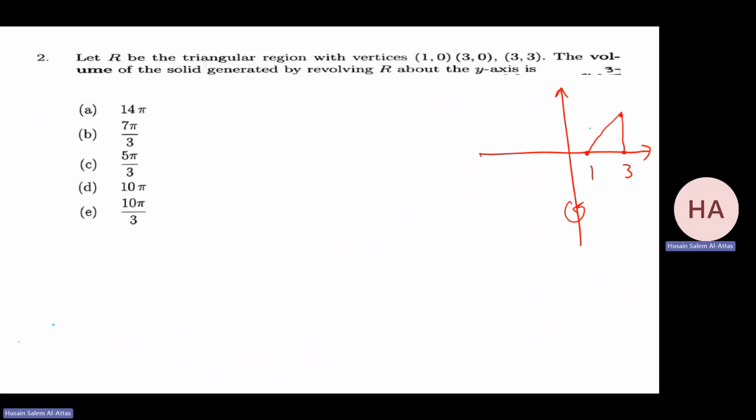So it will be my line. Okay. So I need to find this function. I need to find one function which passes through what? Through 1 and 0 and 3 and 3. So it will be the slope: 3 minus 0 over 3 minus 1. That will be 3 over 2. That will be the slope.